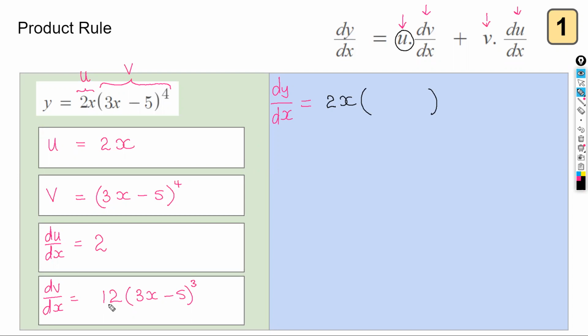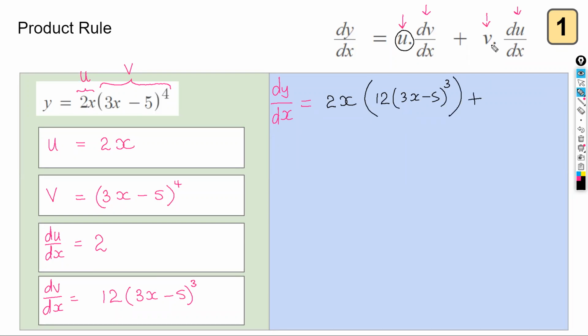Where's dv/dx? dv/dx is over here. 12, well, this is brackets within brackets, unfortunately. I'll put the brackets last, right? So we have to multiply it by 12, open brackets, 3x minus 5, close brackets, 3. But I have to put this whole thing in brackets, right?